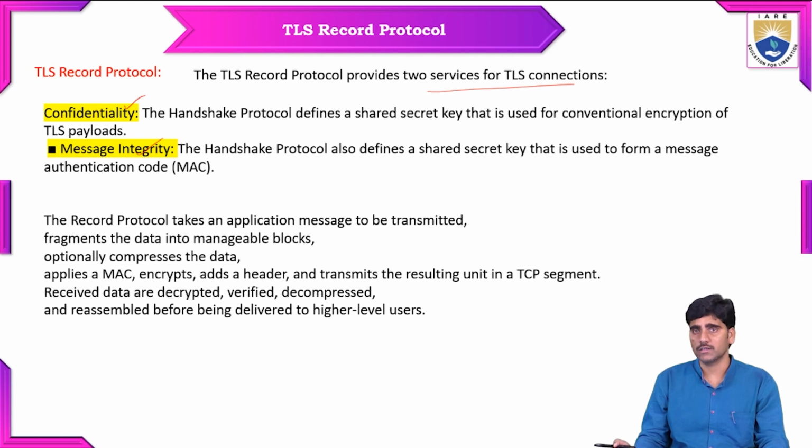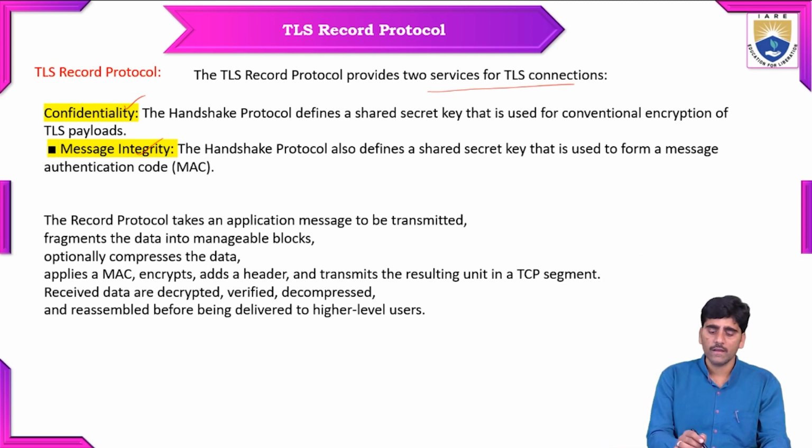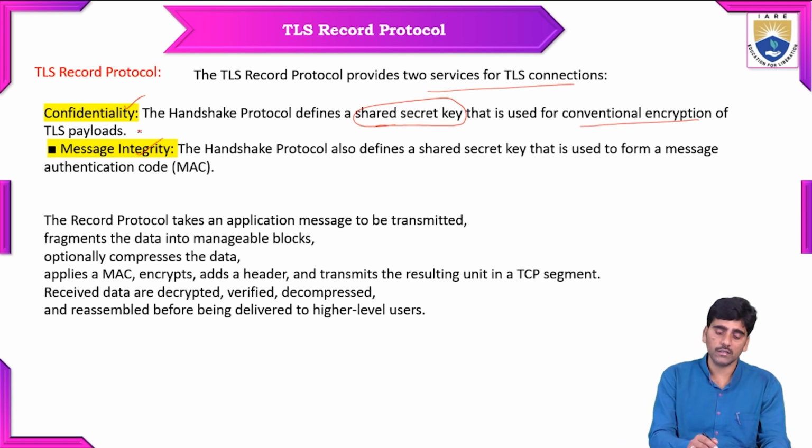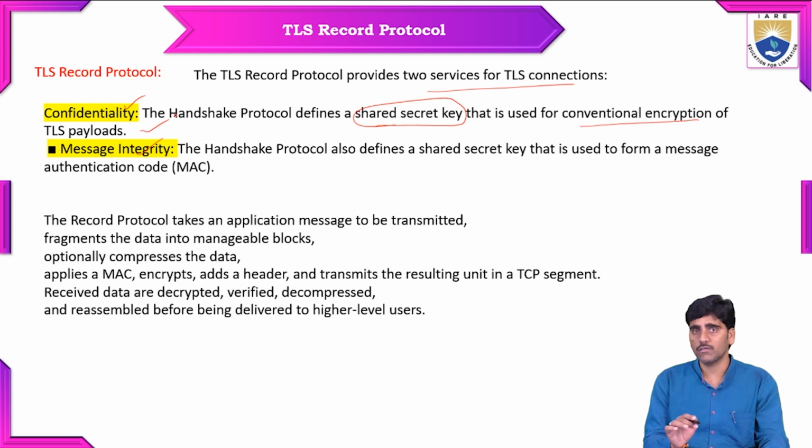The handshake protocol defines a shared secret key that is used for conventional encryption of TLS payloads. For message integrity, the handshake protocol also defines a shared secret key that is used to form a message authentication code.